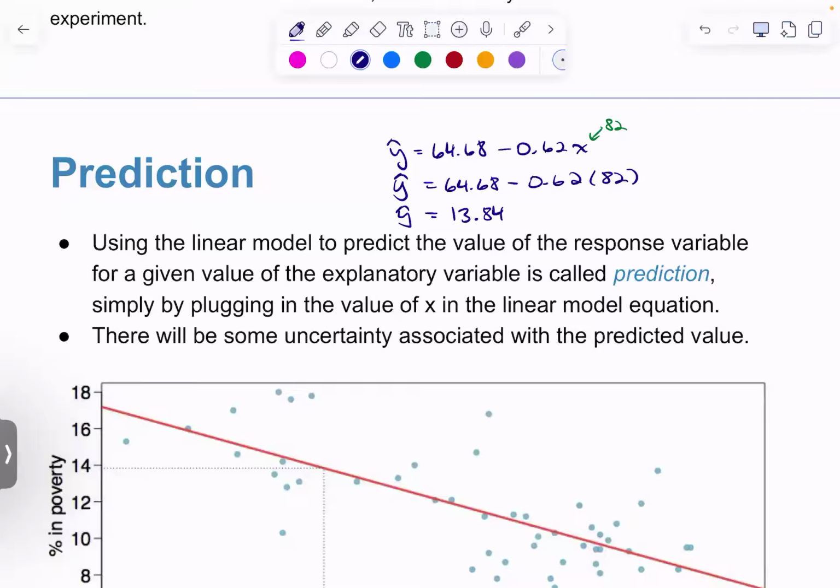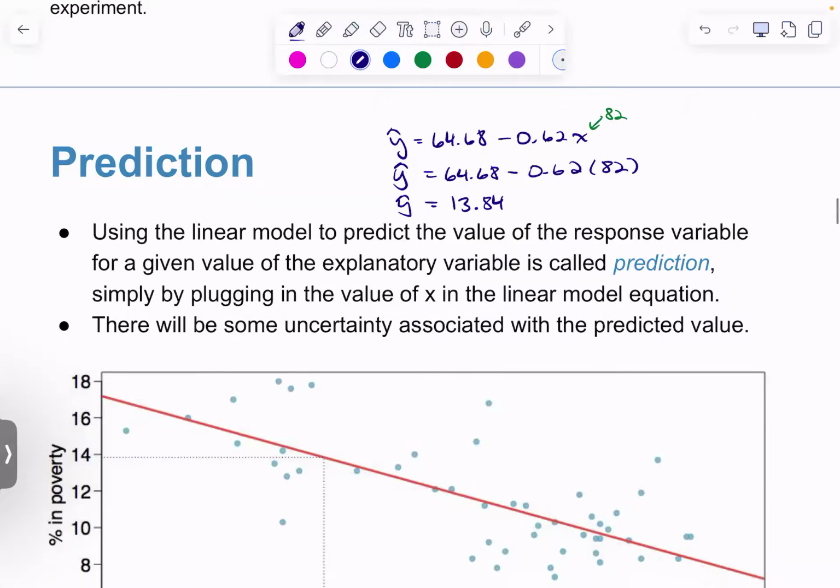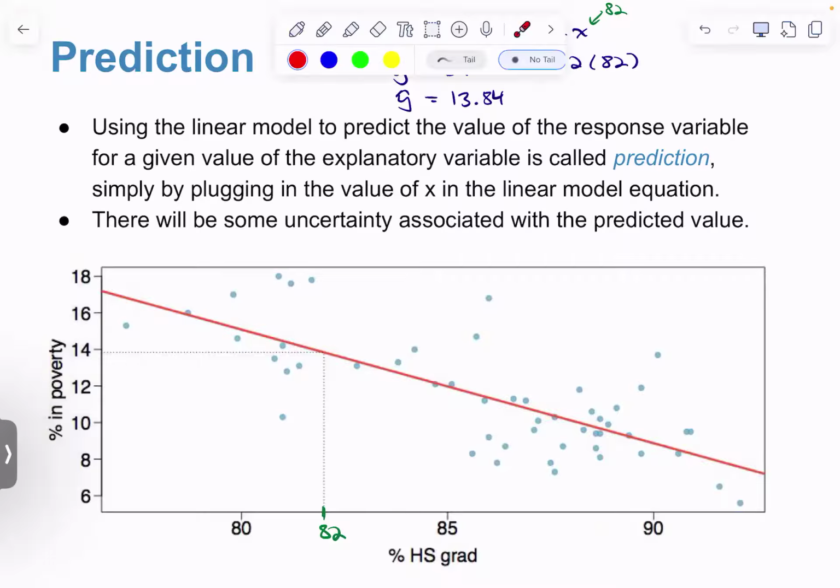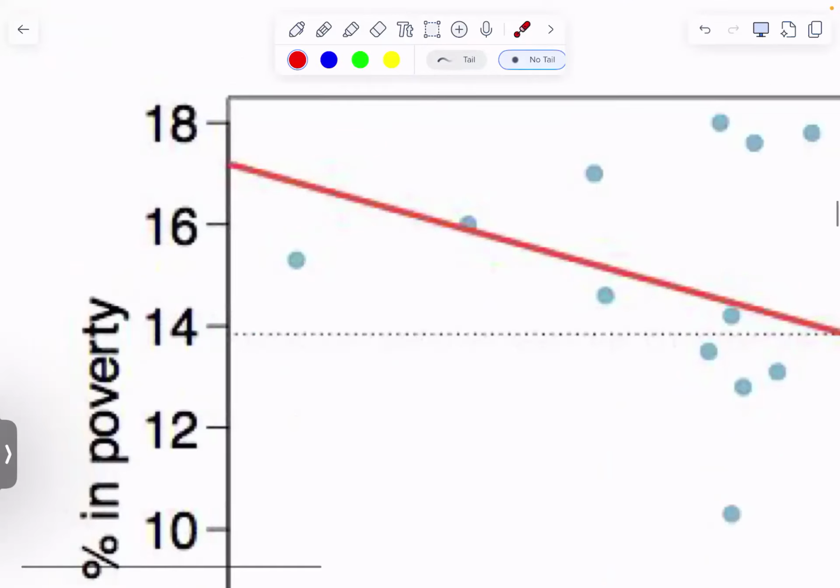That would be my predicted percentage in poverty, right? And so what we're doing is this line is the equation that we have. And so I'm plugging in x equals 82, and then my prediction is 13.84, which looks kind of reasonable on our axis.